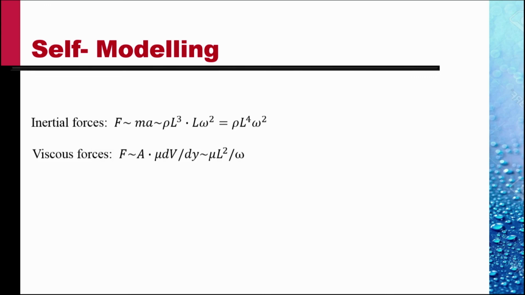It is understood that all quantities are the characteristic values. Converting these forces into torque, the inertial torque would be like rho L to the power 5 times omega squared, multiplying the force by L. The viscous torque would be like mu times L cubed times omega.